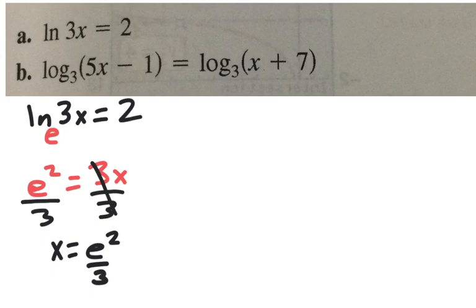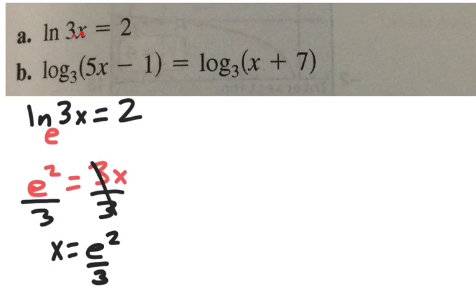So now again, in my calculator, I'm going to plug this in. All I'm going to do is type in 3 times e squared over 3. Where's my e button on this calculator?